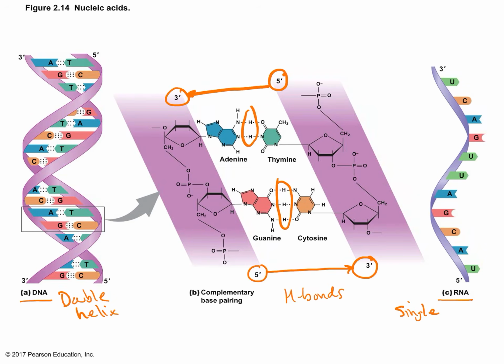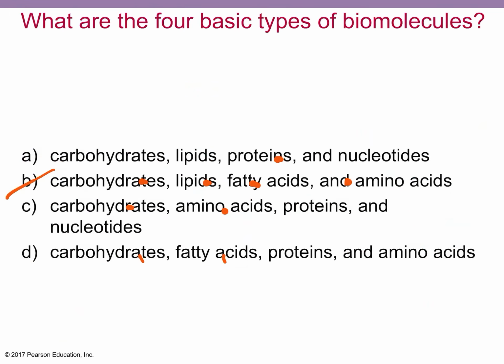It's not double-stranded, it's single-stranded. RNA has uracils instead of thymines, and it's a lot shorter than DNA. It functions as an intermediary molecule that brings the information from DNA to the ribosome to make protein. DNA, of course, is the molecule that stores your hereditary information.